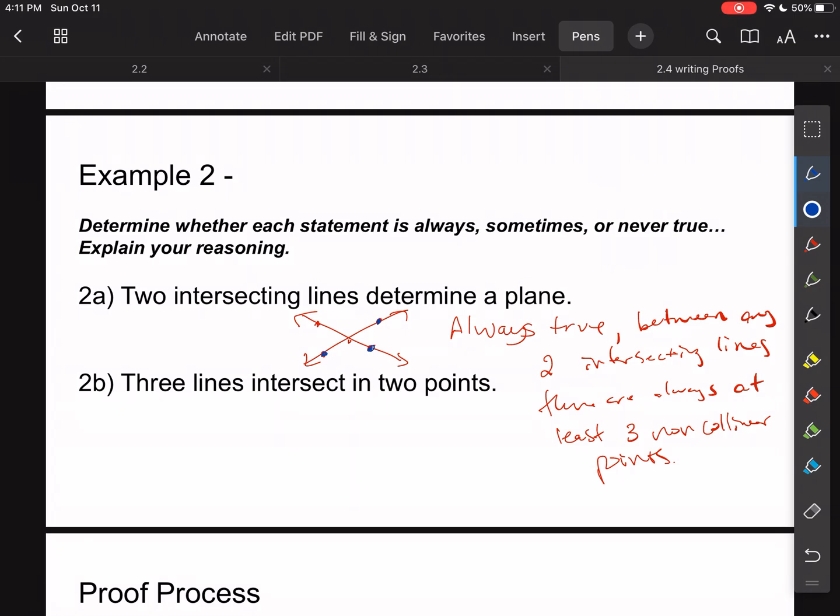For 2b, it says 3 lines intersect in 2 points. Okay, so 3 lines. 1, 2, 3. If they have 3 lines, do they intersect at 2 points? Well, it looks like from this example, they would intersect at least 3 different points if we have 3 lines.